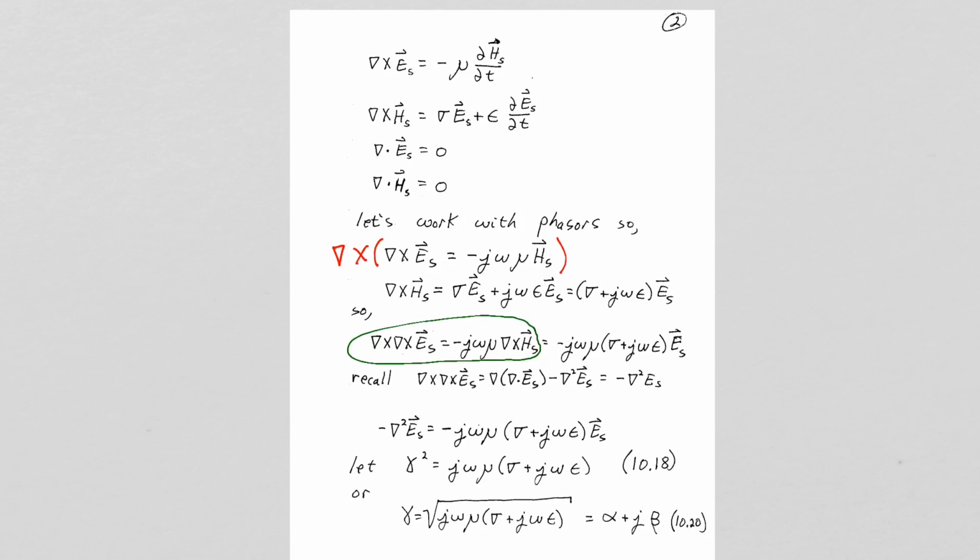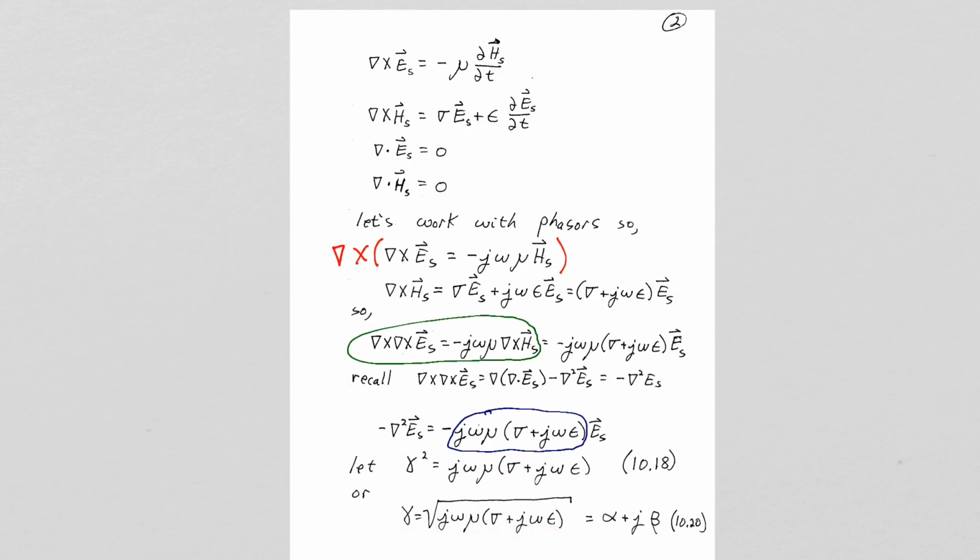Using this vector identity and the fact that the divergence of the electric field is zero, we can rewrite the left-hand side of this equation as minus the Laplacian of the electric field intensity. We are going to call this term here gamma squared. Taking the square root gives us gamma, and gamma is going to be a complex number.